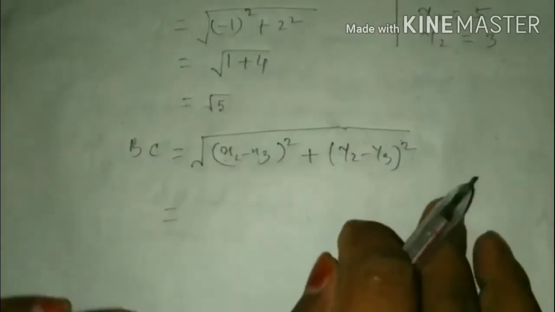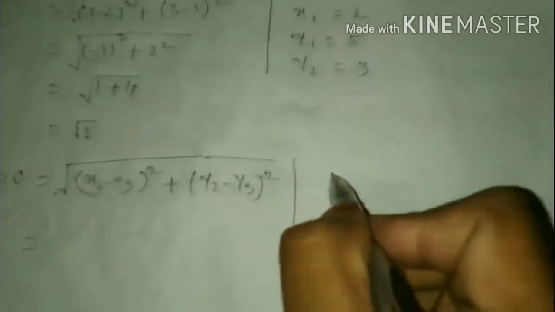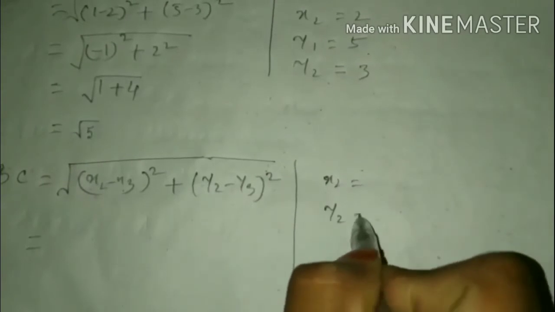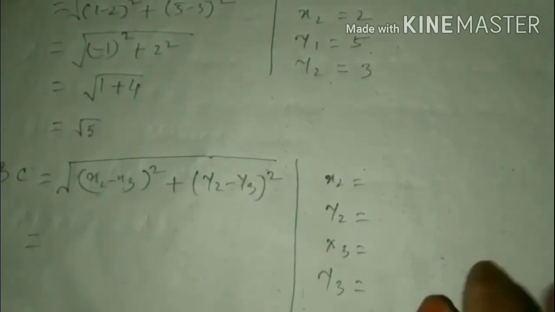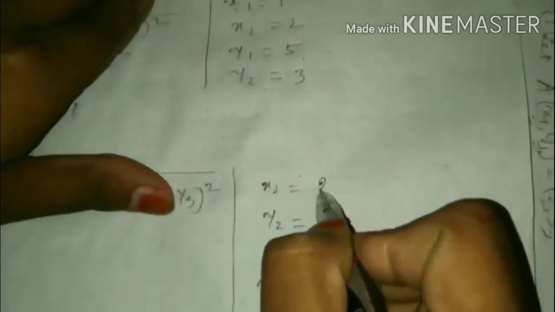Now write down the values: x2 is 2, y2 is 3, x3 is minus 2 and y3 is minus 11.